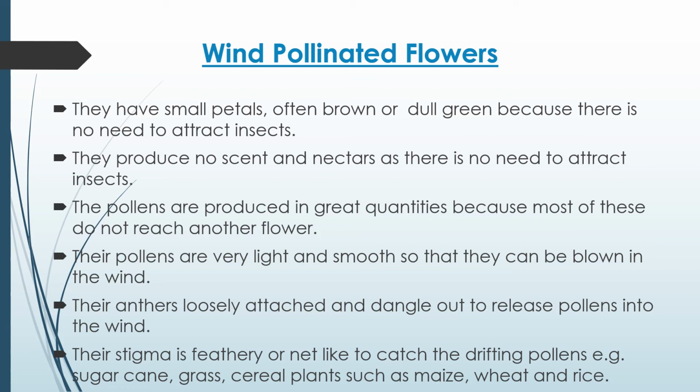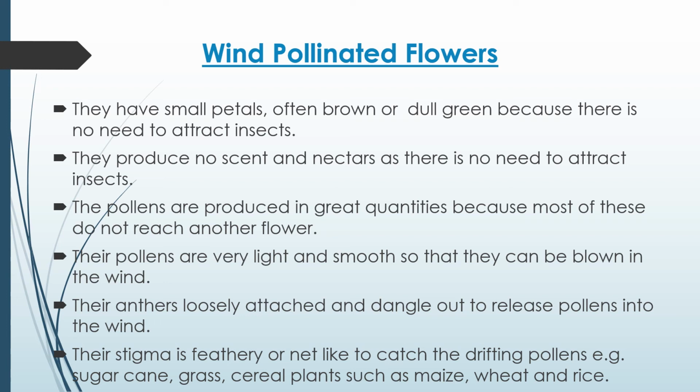Their pollen is very light and smooth so that it can be blown in the wind. Their anthers are loosely attached and dangle out to release pollen into the wind. Their stigma is feathery or net-like to catch the drifting pollen. Examples: sugarcane, grass, cereal plants such as maize, wheat, and rice.